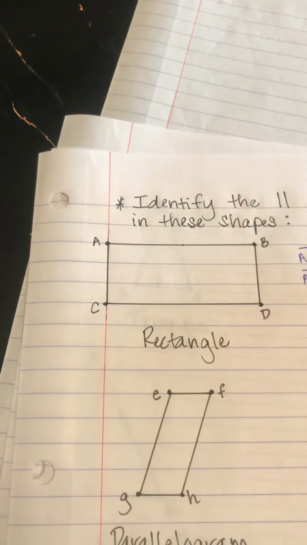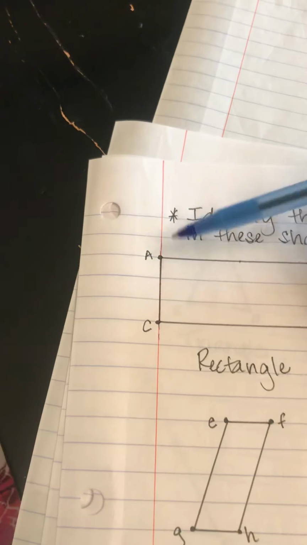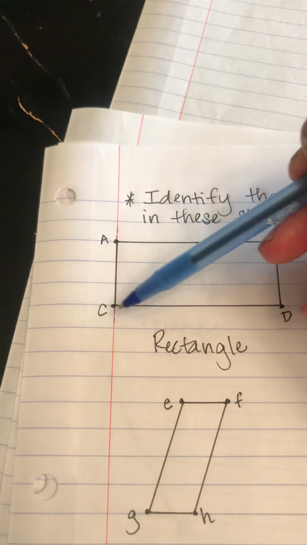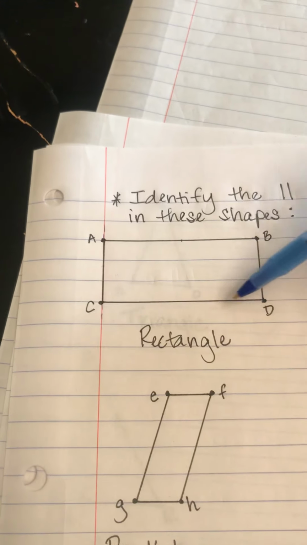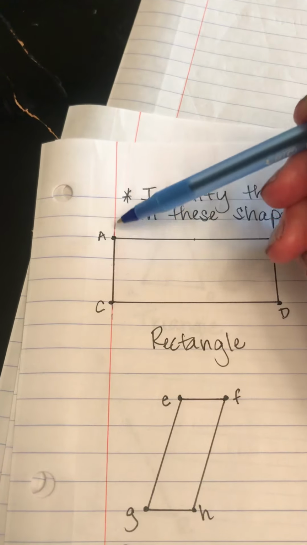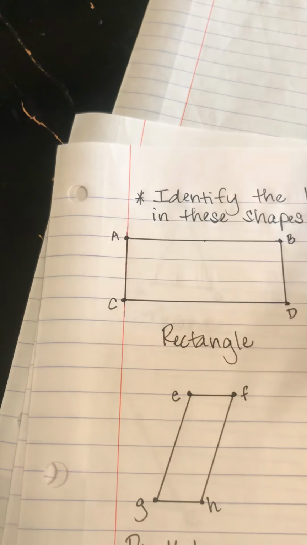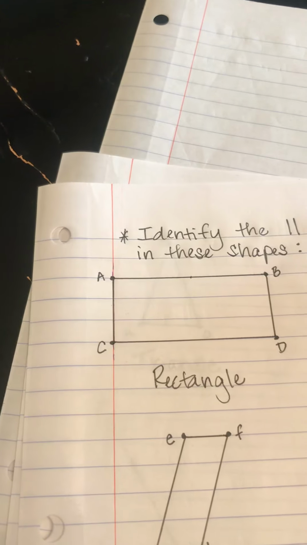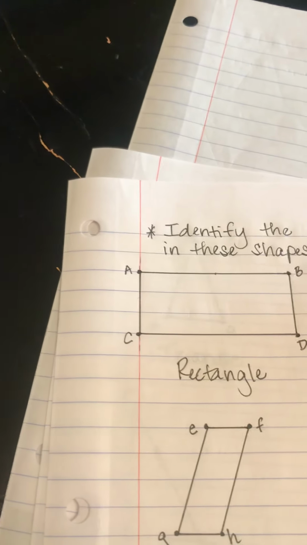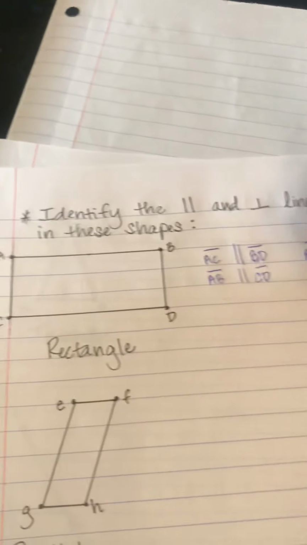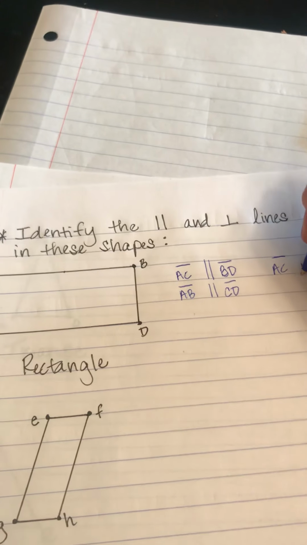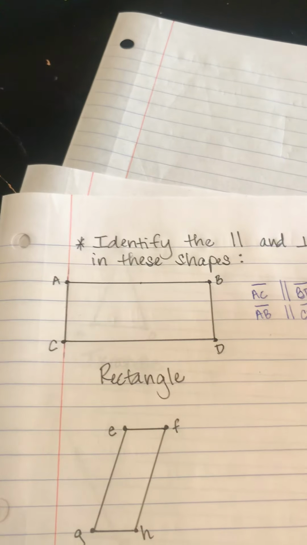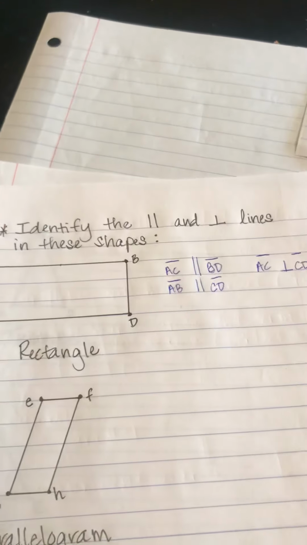So let's say line AC is perpendicular to line CD. Do you see that? Right here where these two lines cross, it makes a 90-degree angle. So that is one set. So let's do line segment AC is perpendicular to line segment CD. Okay, there's our first one.